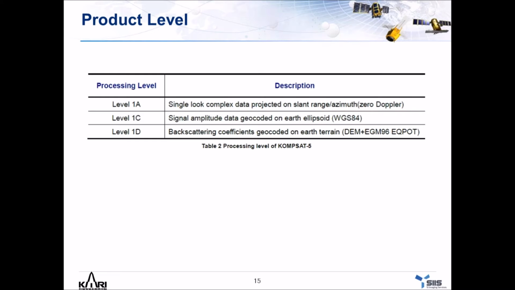The product levels of Kompsat-5 are level 1A, level 1C, and level 1D. Level 1A is for single look complex data, amplitude and phase data, and level 1C and level 1D are for geocoded data. The DEM, SRTM DEM, is applied when generating the level 1D product.